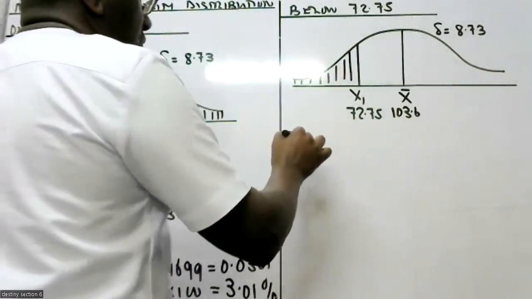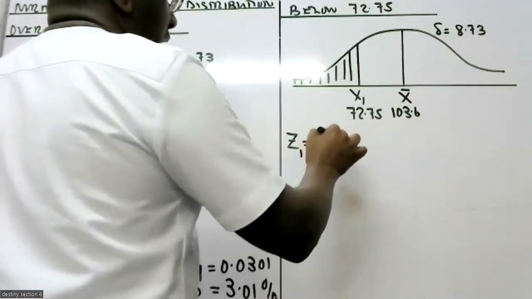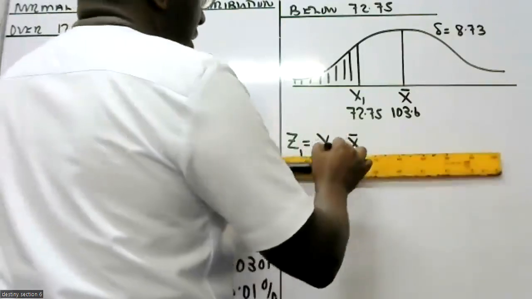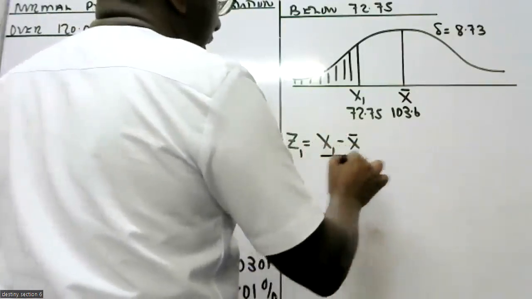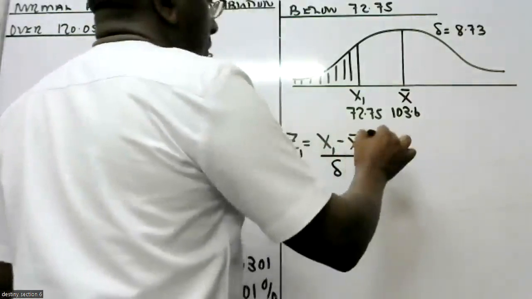So my Z1 will be X1 minus X bar, you divide by standard deviation.